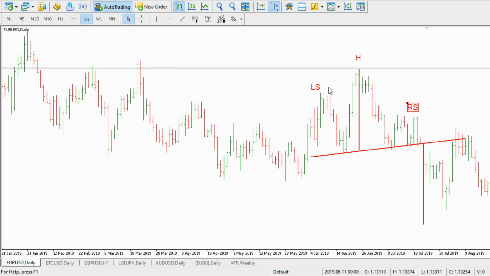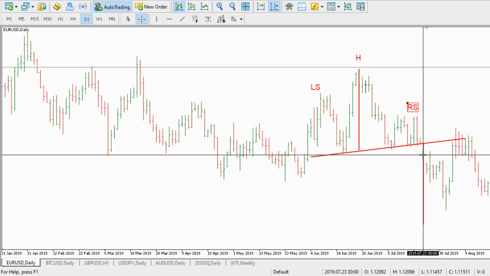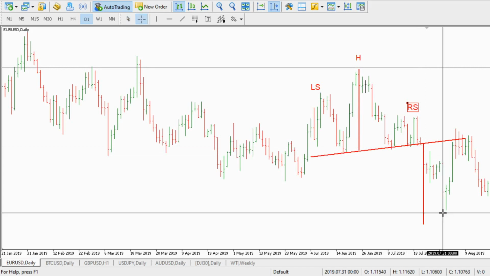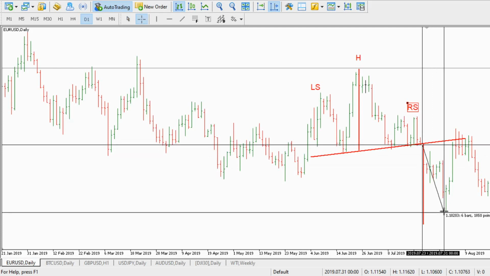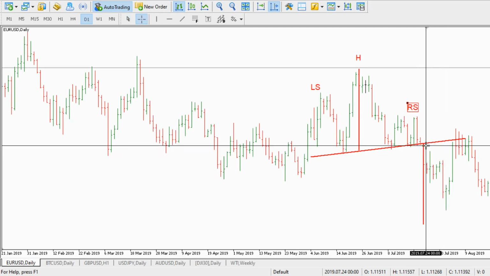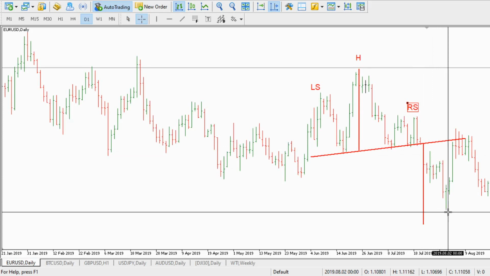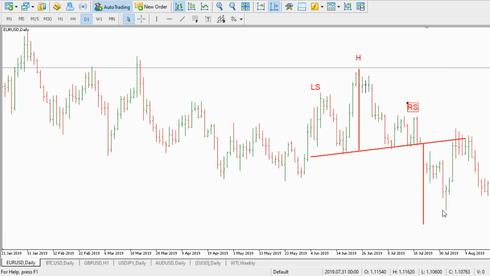We can see clearly that we've got this figure, head and shoulder: left shoulder, head, and the right shoulder. Here we have a clear break through the neckline, and we can see how the first decline of the prices didn't match the entire target zone.